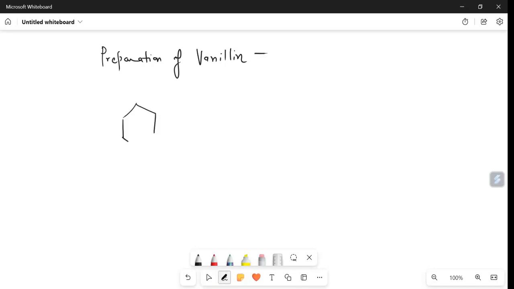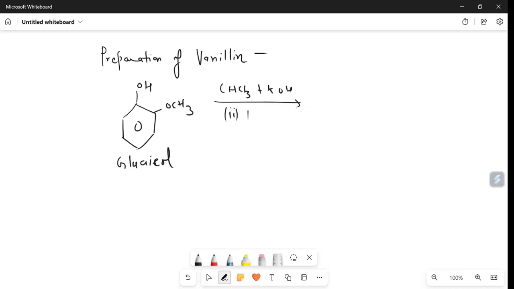You have OH, OCH3, the common name is guaiacol, and it reacts with CHCl3 plus KOH, and on the addition of H plus hydrolysis, it will give OH, OCH3 and CHO here, and this is known as vanillin.